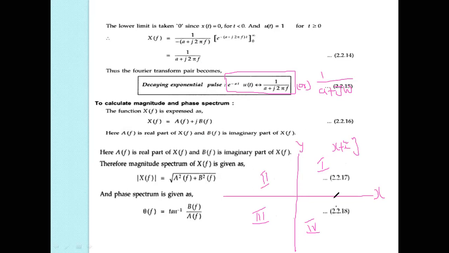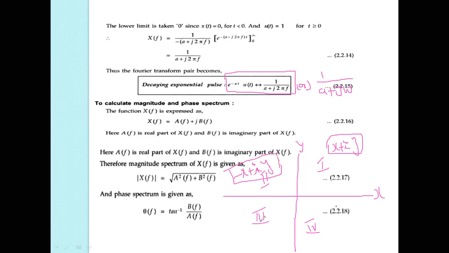This is the imaginary axis and this is the real axis. In the second quadrant it is minus x plus iy. For this, the magnitude is the same, but the angle is different, my dear students.